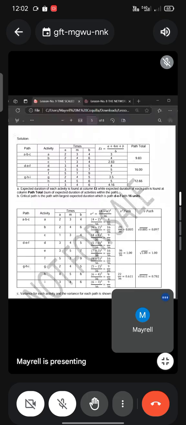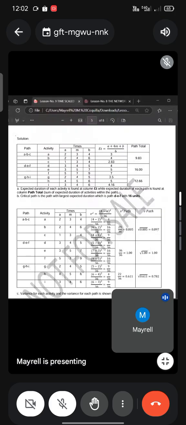Solving for the variance of each activity, substitute the values of A and B into the equation. First we get 4 over 36, 16 over 36, 9 over 36, the variance of the corresponding activities, and so on until G, H, and I.